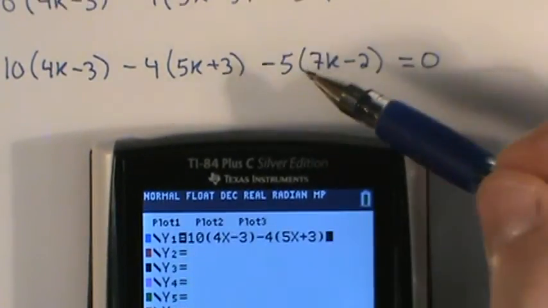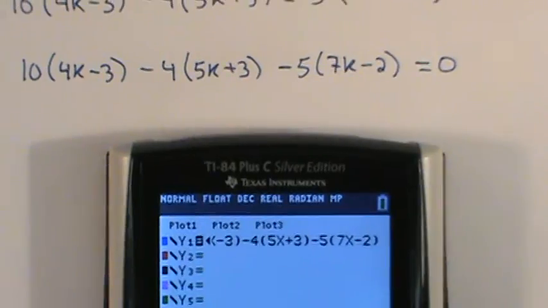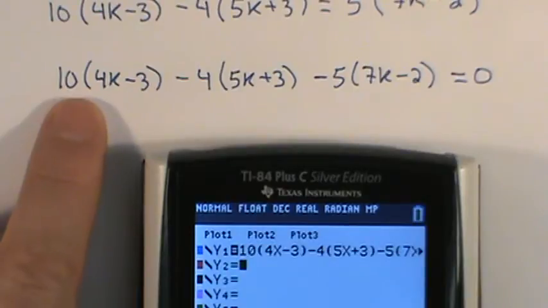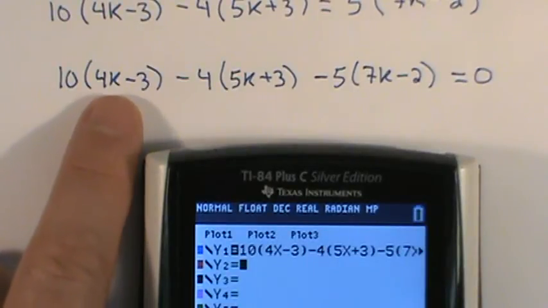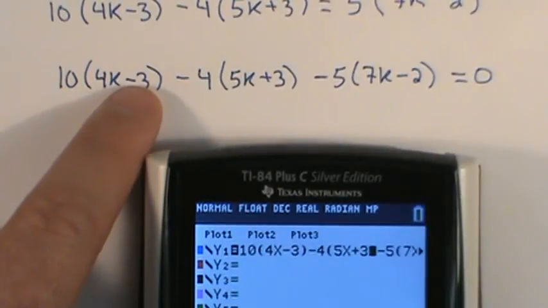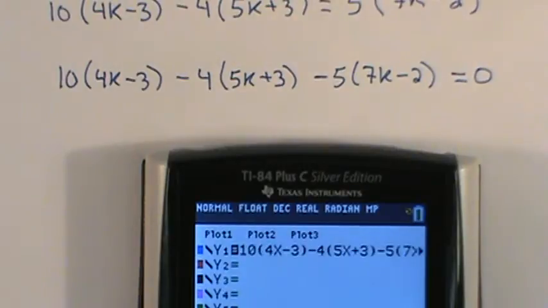And then I go to this last term where it's a minus 5. Then I use my parentheses and I say 7x minus 2. Just double check that I have the correct thing typed in there. I had 10 times 4x minus 3 minus 4 times 5x plus 3 minus 5 times 7x minus 2.